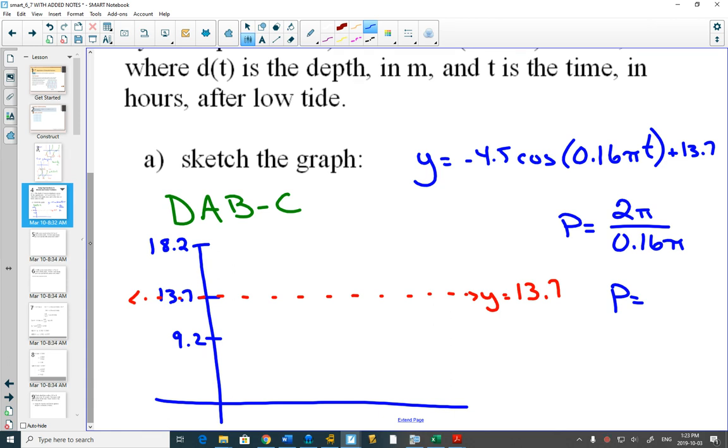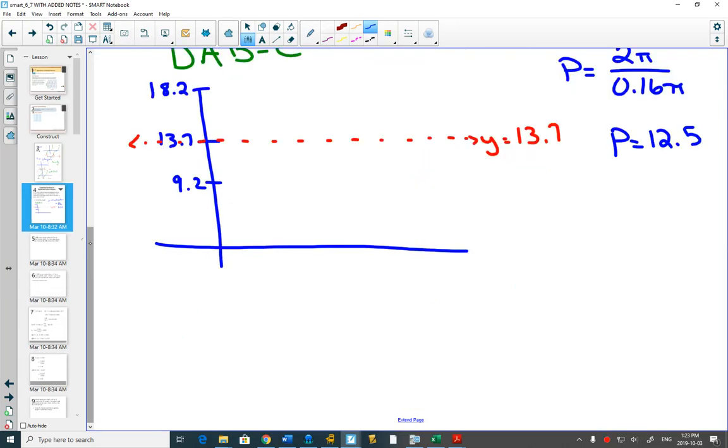And if I calculate that, you get 12.5. So on our axes, we can label 12.5 and divide it into 4 equal sections, just like you were doing this morning. Half would be 6.25. Half of 6.25 is 3.125. Add 3.125 to 6.25, and you'll get 9.375.